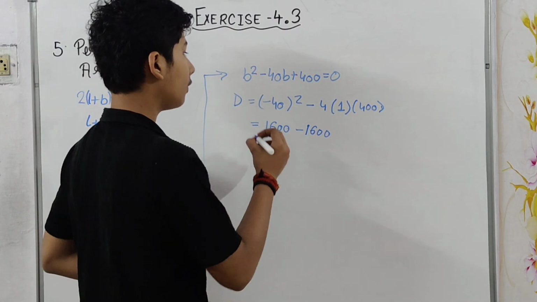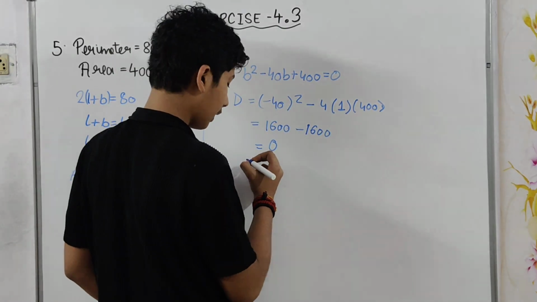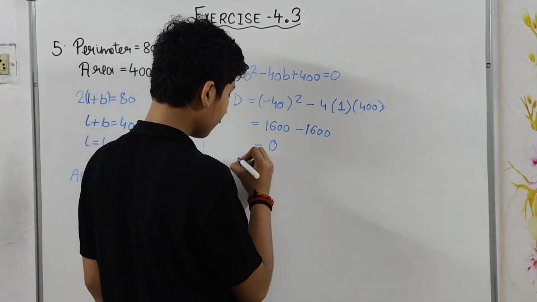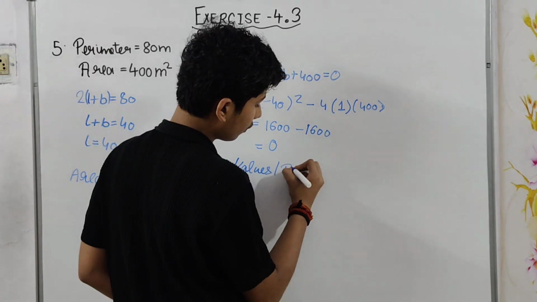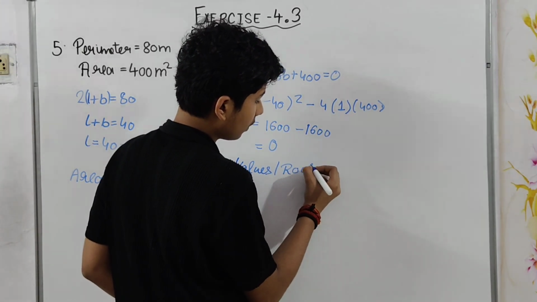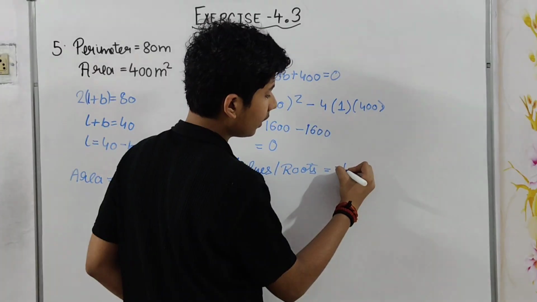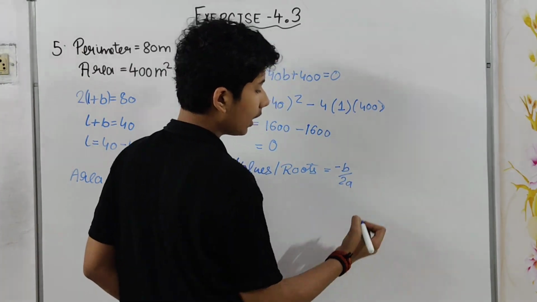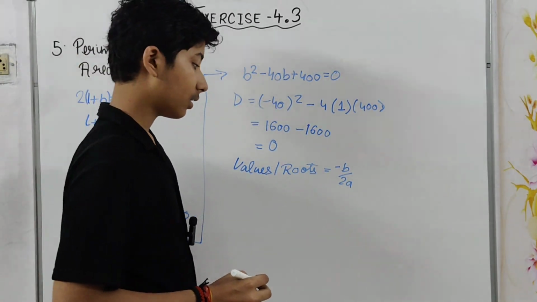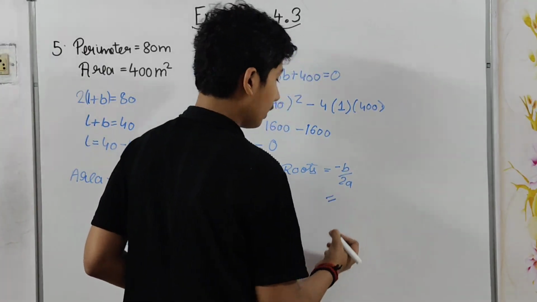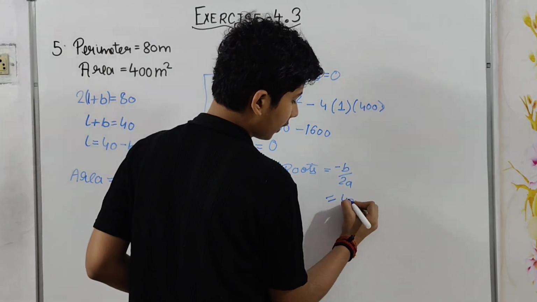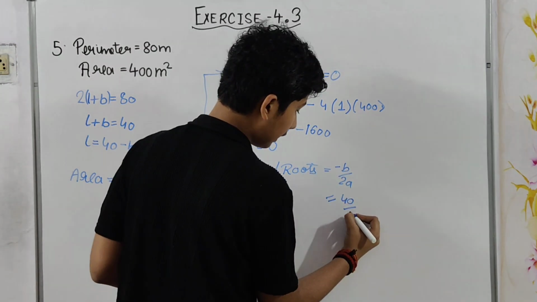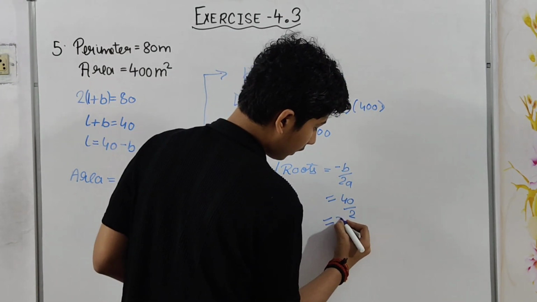And when we solve it, now since D is 0, the values, or you can say roots, will be minus b upon 2a and will be equal to each other. Okay. Now minus b is negative of minus 40, which is 40, upon 2 into a is 2, which means 20.